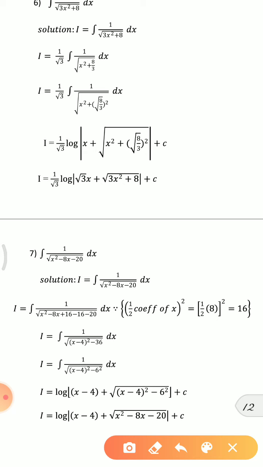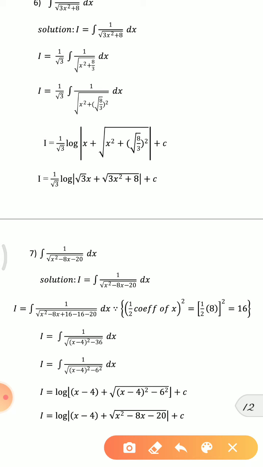See the middle term, that is half into coefficient of x the whole square, that is half into 8, because the coefficient of x is minus 8 here, and minus into minus is plus, no problem here because of plus sign, that is 2 4s are 8, that means it is 4 square, and 4 square is 16 here, that is we have to adjust plus minus 16, that is I is equal to integration of 1 upon under root of x square minus 8x plus 16 minus 16 minus 20.